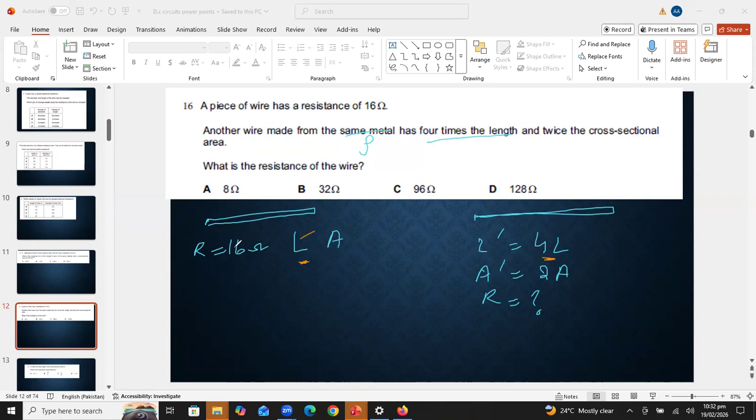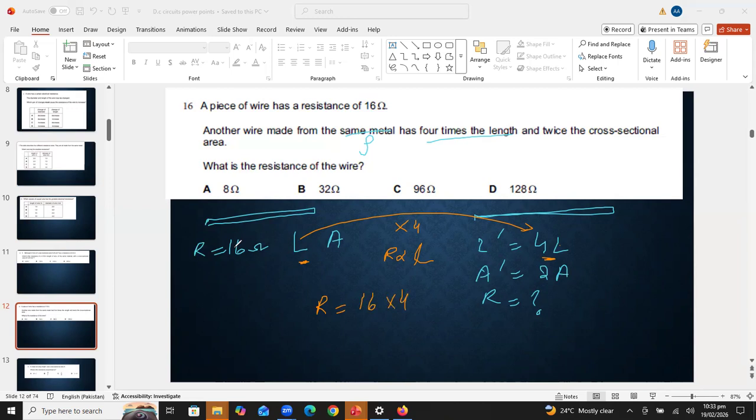We know that resistance and length are directly proportional, so if length has been increased 4 times, resistance will also increase 4 times. So the new resistance will become 16 multiplied by 4.